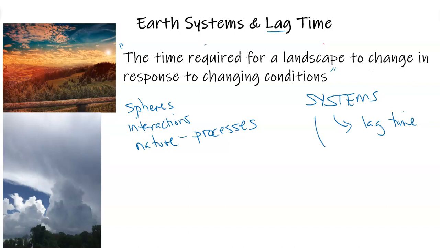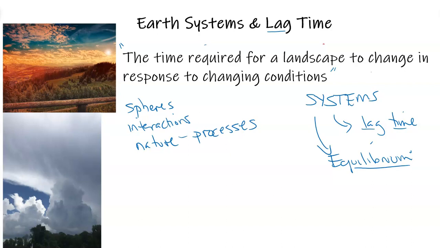And this can link up to equilibrium. Because the lag time could be the time it takes for a system to return to equilibrium or dynamic equilibrium or even steady state, or even it could be a long time.